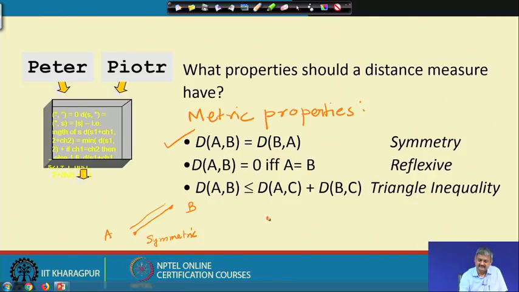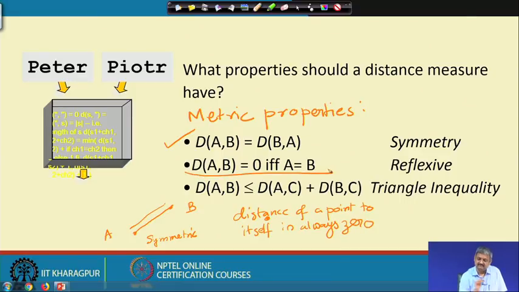Reflexive means if you take the same point, the distance of a point to itself is always 0. Reflexive.